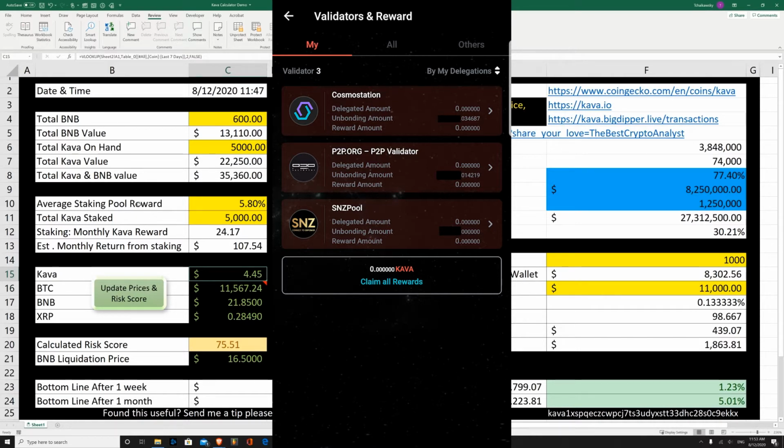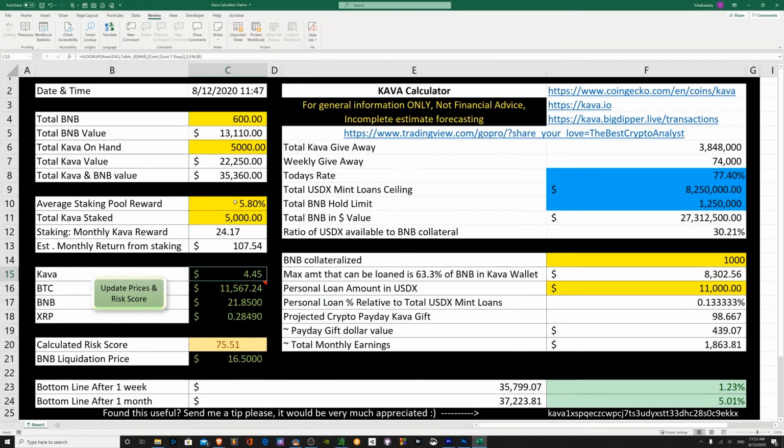And bam! What that would equate to in this scenario is that if you staked 5,000 Kava, you'd have a monthly Kava reward of 24.17. At today's value of $4.45, that would be worth roughly $107.54. So you would be getting that in addition to the Kava that you have.